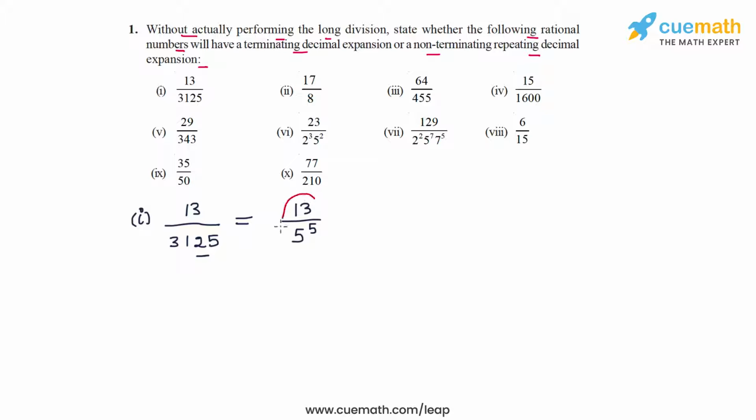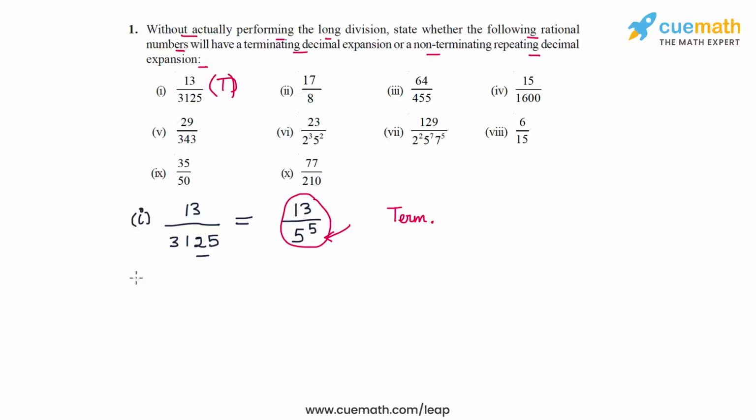So this number 13 by 5 to the power 5 has a denominator which has only 5s in it. It has no other prime factors other than 2s and 5s. So this will have a terminating decimal expansion. So let's write it here. So the first number will have a terminating decimal expansion.